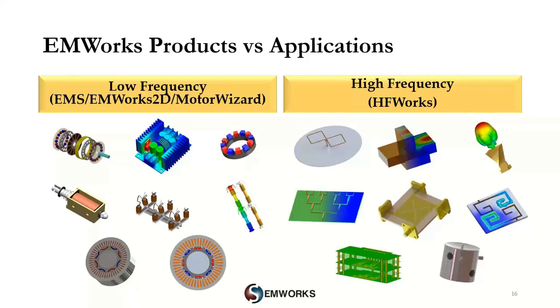Within low frequency category, we offer 3 products: EMS 3D, EMWorks 2D, and Motor Wizard. These products can be used to design and simulate applications like cables, insulators, bus bars, solenoids, magnet arrays, eddy current braking systems, wireless charging, induction heating, transformers, electrical machines, etc.